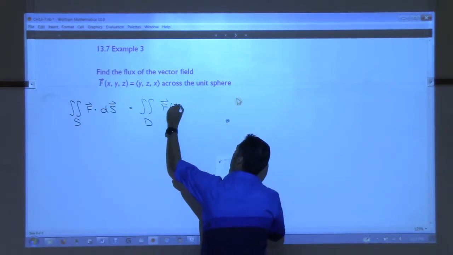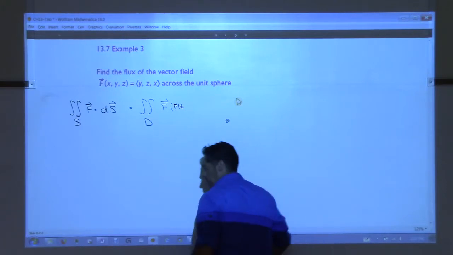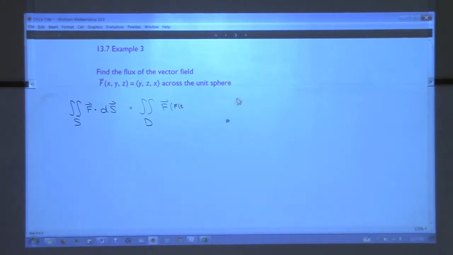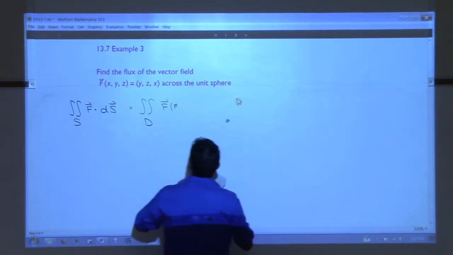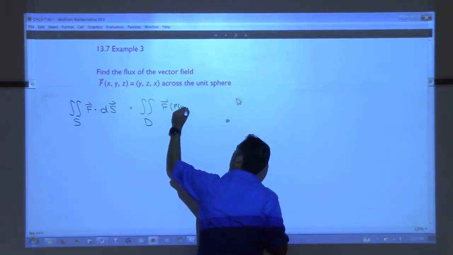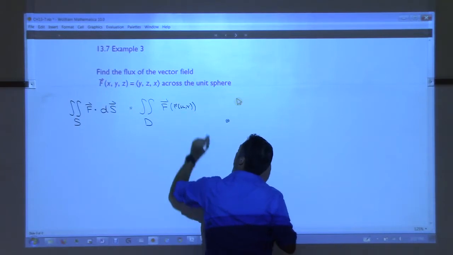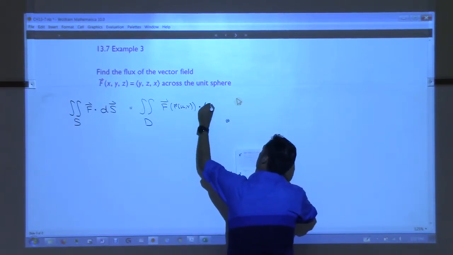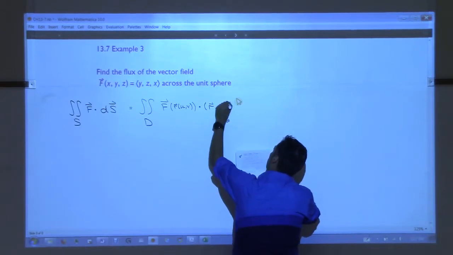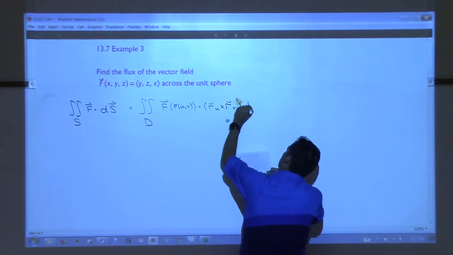I'm going to put r of t in here, or sorry, not r of t, that's not a curve, it's a surface. r of u v, dotted with the partial of r with respect to u cross the partial of r with respect to v, dA.